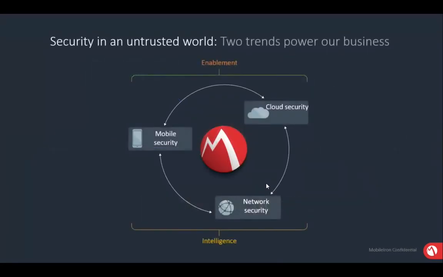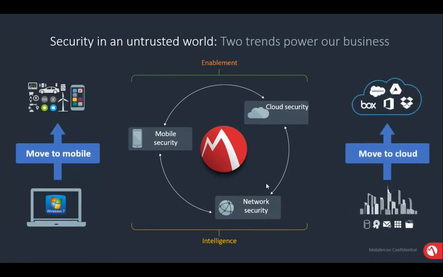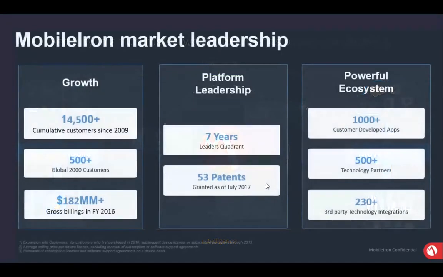Everyone traditionally using laptops connecting to your on-prem data center is now moving over to using mobile devices like phones and tablets and accessing resources not only on-prem but also in the cloud. So MobileIron is a single platform that helps you control both places, whether you have resources on the cloud or on-prem, or even if the user is having a laptop or mobile devices like phones or tablets.